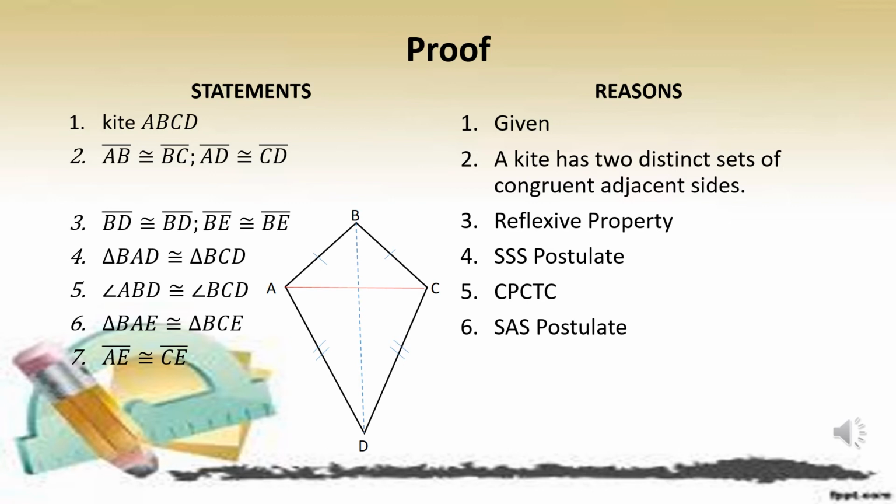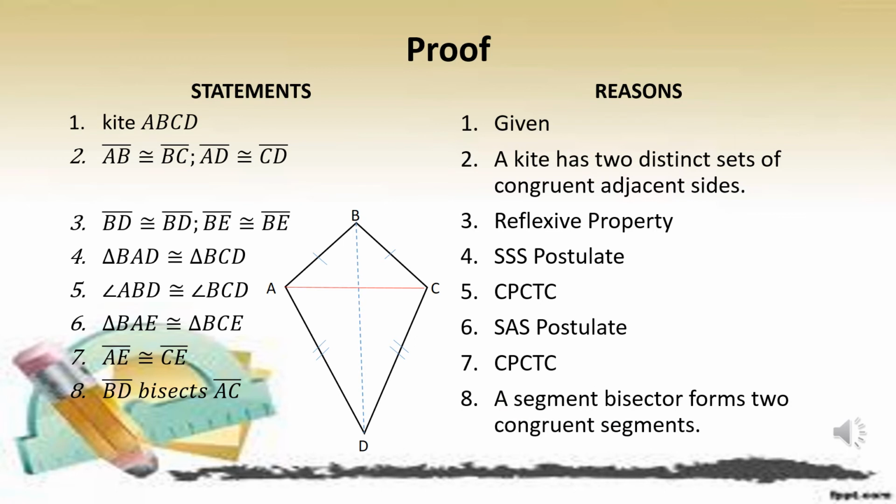Seventh statement, AE is congruent to CE. Again, that is the CPCTC, because AE and CE are parts of triangle BAE and triangle BCE. Next, segment BD bisects segment AC, and the reason would be a segment bisector forms two congruent segments.